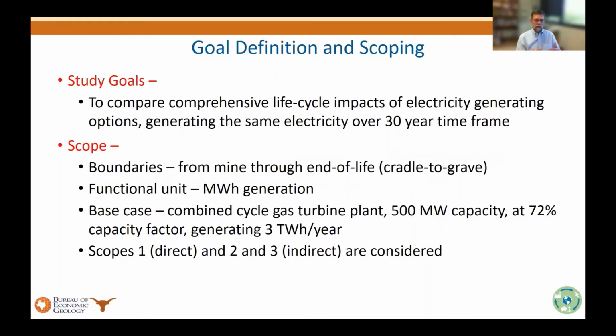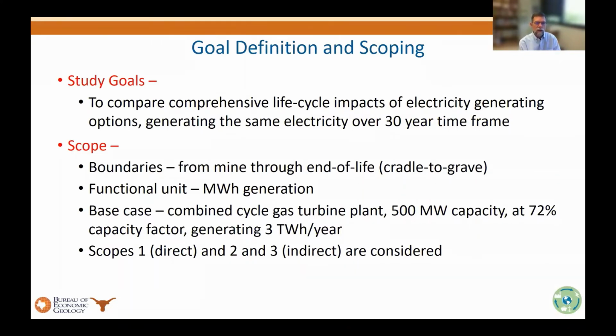Two years ago, actually right after COVID hit, Fu Zhao at Purdue gave an introductory life cycle talk to the CMI on the background of life cycle analyses, and it was a really good talk, because it set the stage for how you set these ideas up. You have to have a study goal, and you have to have a scope.